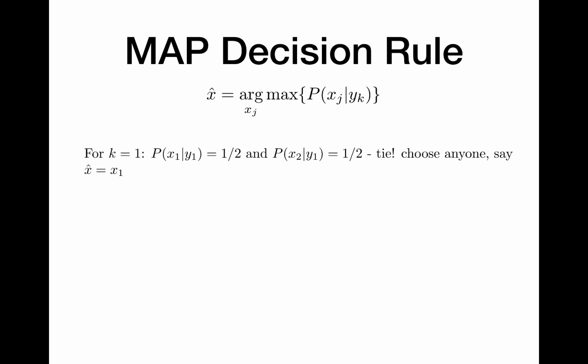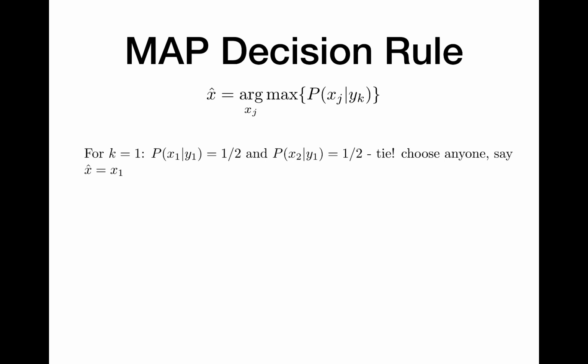So in this case there is no winner. It's a tie. Neither probability is higher than the other, so we don't find a maximum here. So in this case you can just make a random guess and choose any one of the inputs.